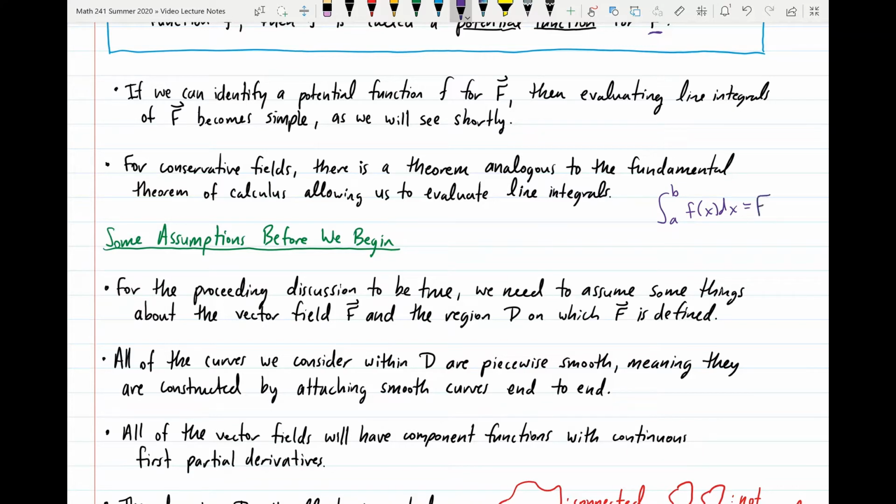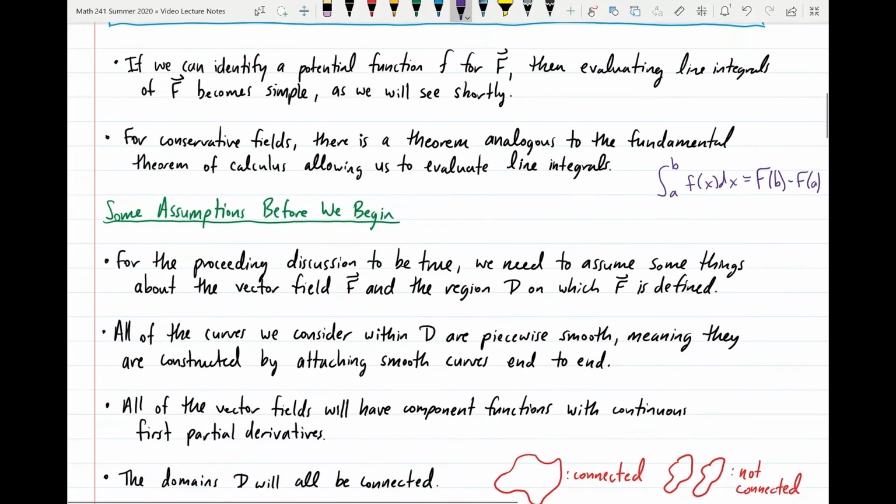So we can find an antiderivative of f, call it big F, and that integral is going to equal big F of b minus big F of a. So I think this is part 1 of the fundamental theorem of calculus. Maybe it's part 2. I don't remember. But regardless, it's the fundamental theorem of calculus from Calc 1, and we have an analogous theorem that's going to pop out soon enough for line integrals.